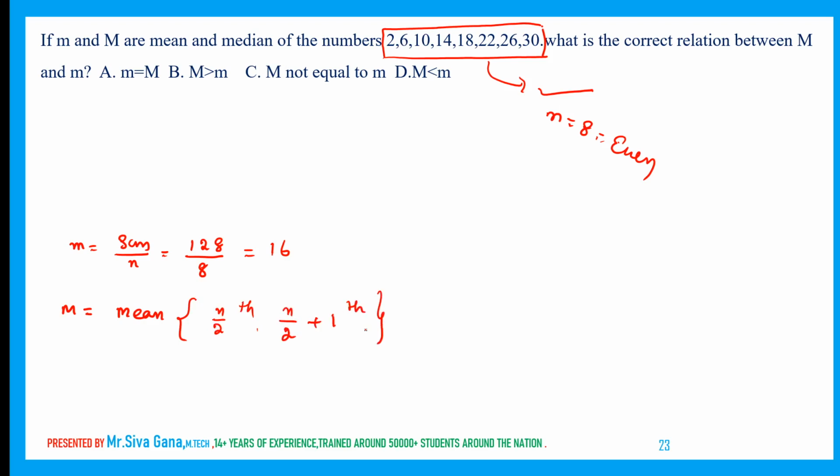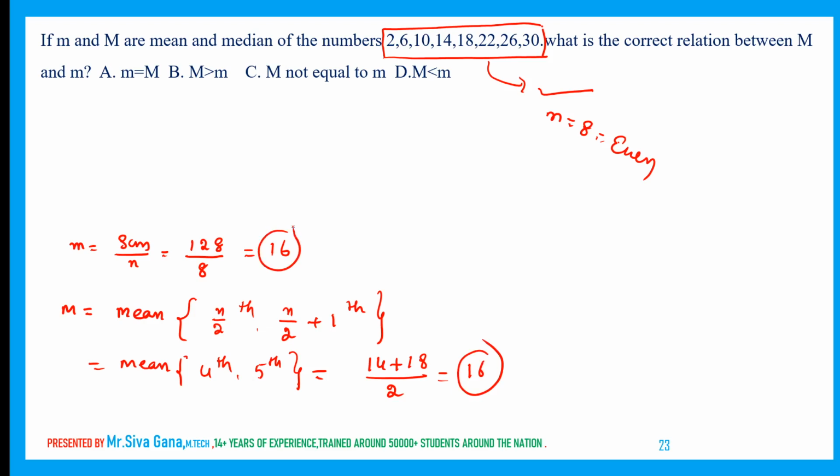Here n is equal to 8, which means the mean of the 4th term and the 5th term after ascending order. So the 4th term is 14, the 5th term is 18, divided by 2, which is 32 by 2, 16. So the mean and median are both equal.